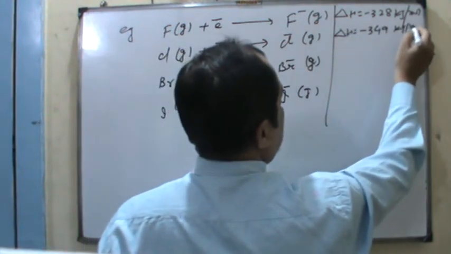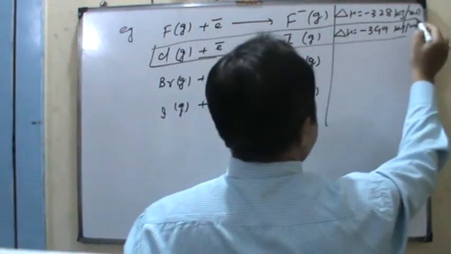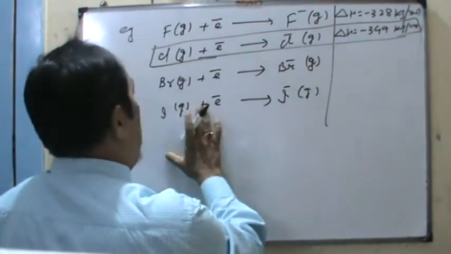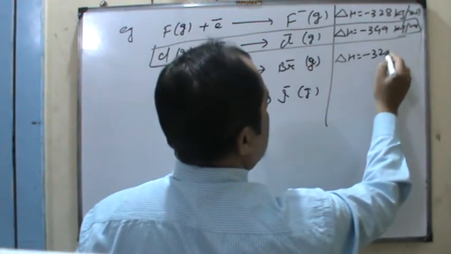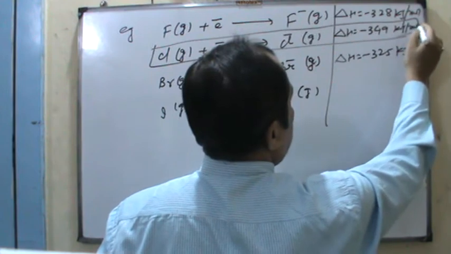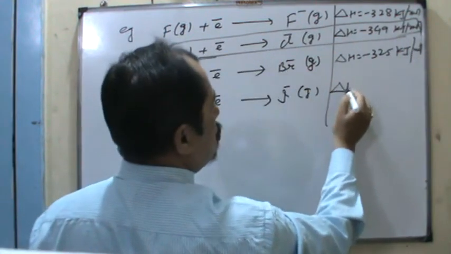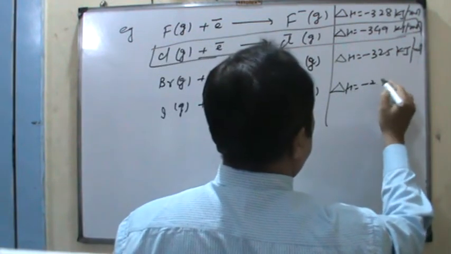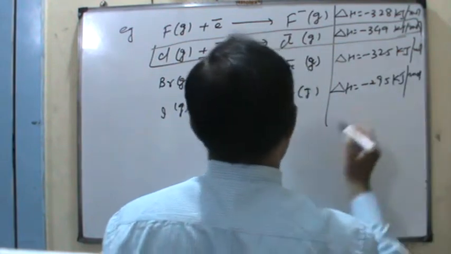For chlorine, it is minus 349. Point to be noted here, it is a very, very important point: it has the maximum negative electron gain enthalpy. And then bromine, delta H is minus 325 kilojoule per mole, and iodine, delta H is minus 295 kilojoule per mole.